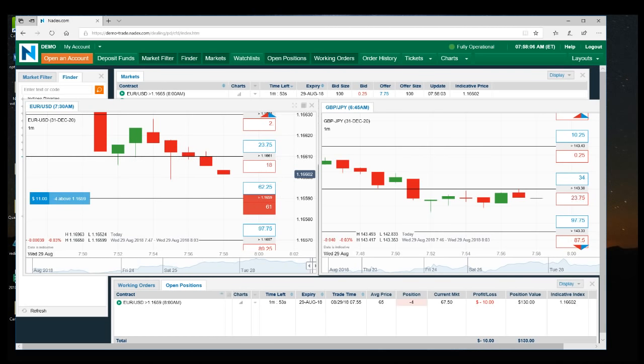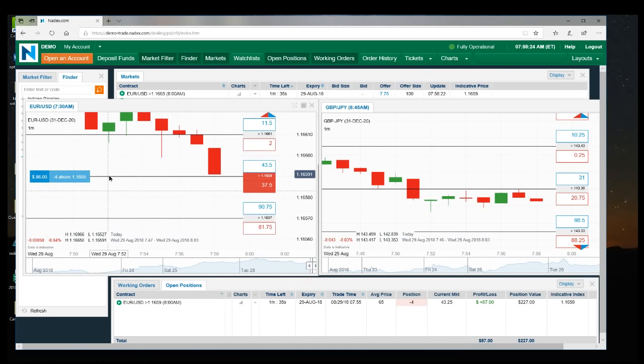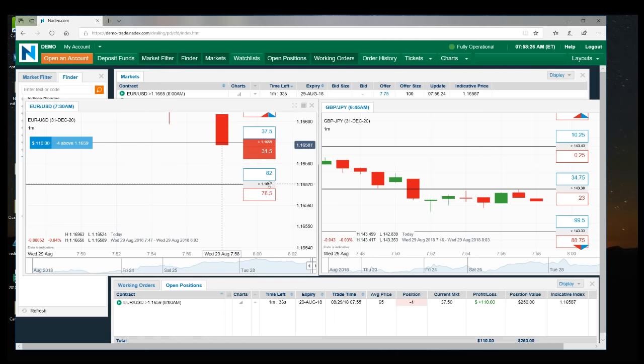That's why I say you have to have some discipline to trade these formations. I'd like to see this come down to 57. We'll have to watch it because there's still about 1 minute and 23 seconds left.